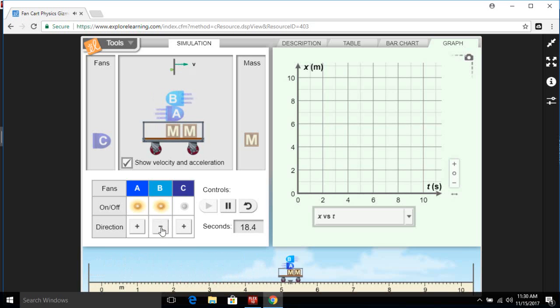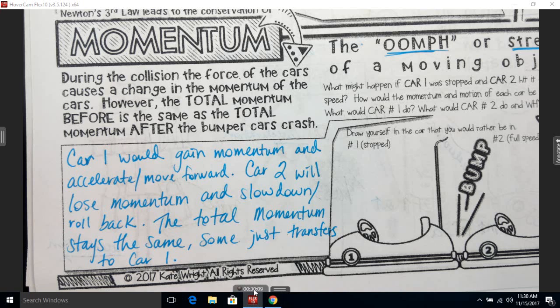Now it's going somewhere. But then he keeps on going because they're at a constant speed. I had to give him a little bit of force to start off, but then when I switched him back around, constant speed in a straight line because I made the forces equal. Okay, let's do the other experiment. Let me stop this.